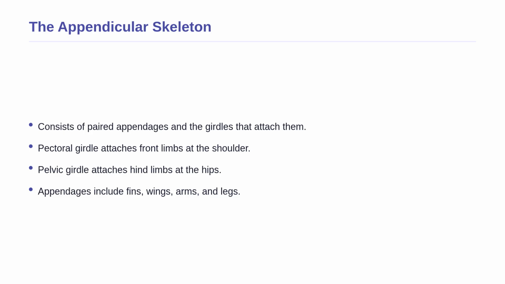Think of the girdles as heavy-duty mounting brackets. The pectoral girdle at the shoulder attaches the front limbs, while the pelvic girdle at the hips attaches the hind limbs. The appendages themselves are highly variable, heavily modified by evolution into the fins of fish, the wings of birds, or the arms and legs of mammals.